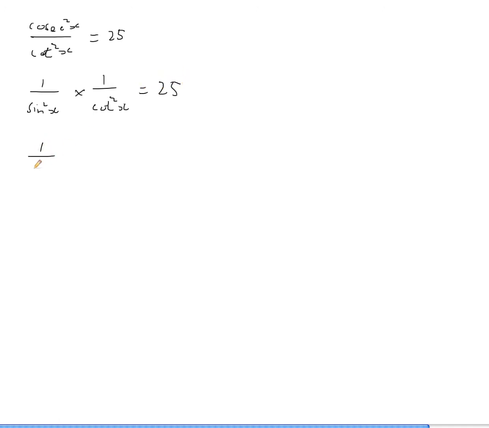So we've got 1 over sine squared x times 1 over, now cot squared is cos squared x over sine squared x, so the sine squared goes at the top, equals 25. So obviously the sine squared cancels out, and we get 1 over cos squared x equals 25, which of course is sec squared x equals 25. Now I expect there's an easier way of doing it than that, but I've got there.